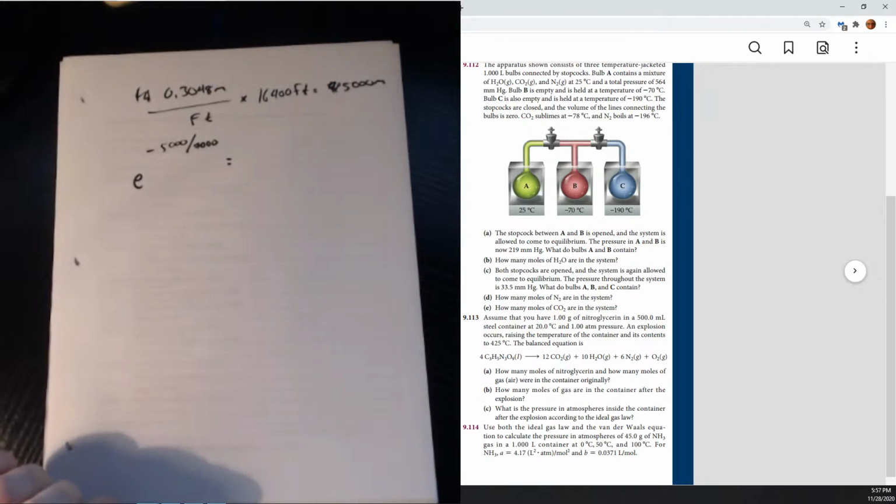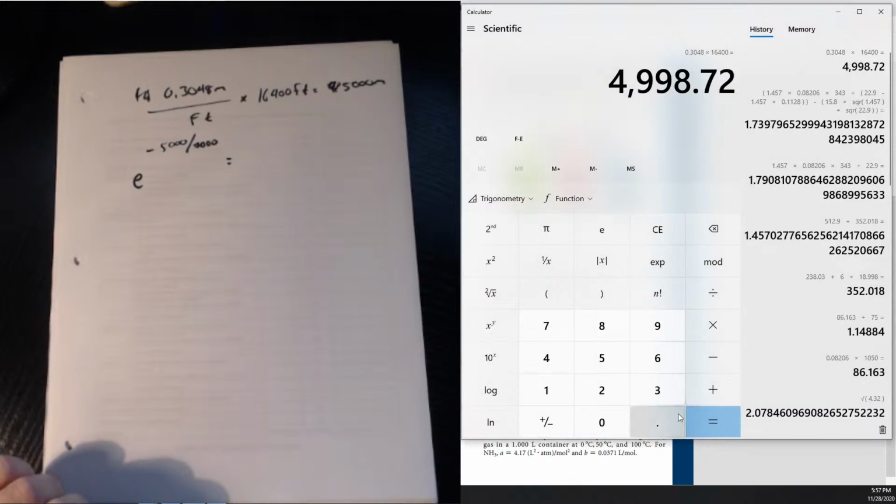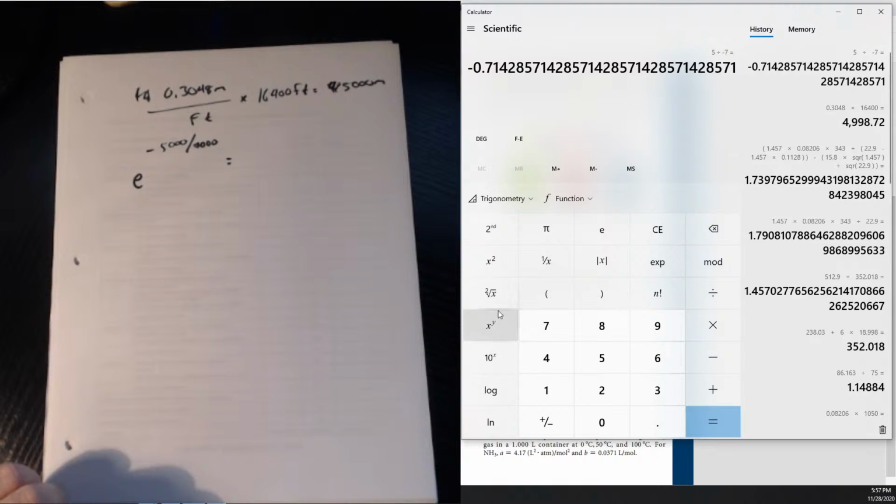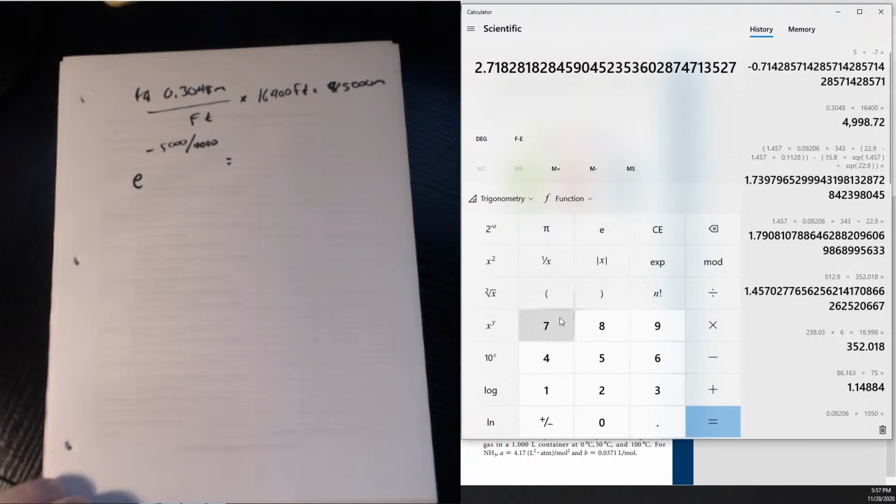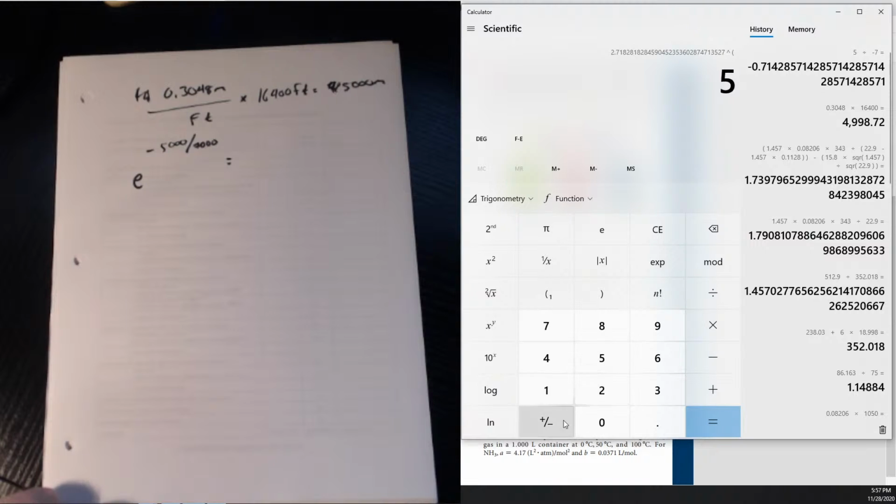So the pressure in atmospheres is 5 divided by 7 negative, e to the negative 5/7.